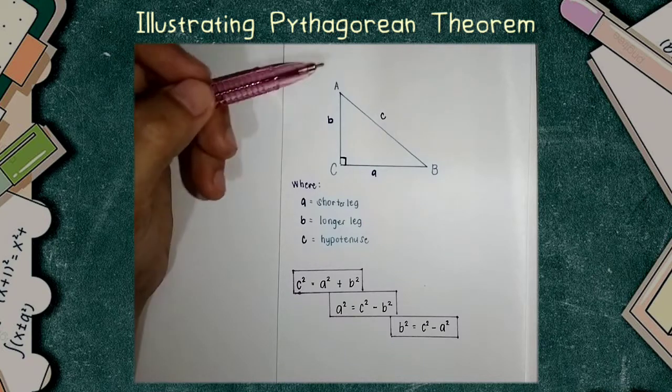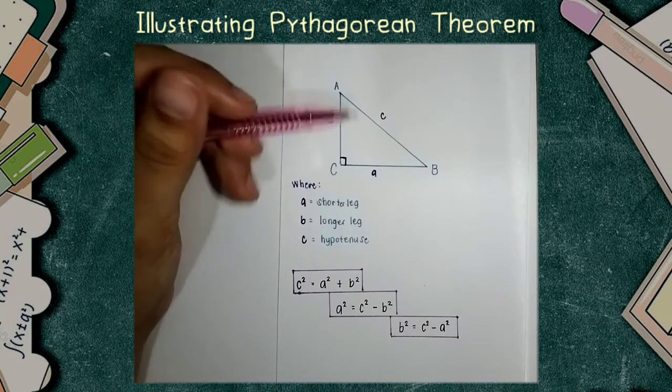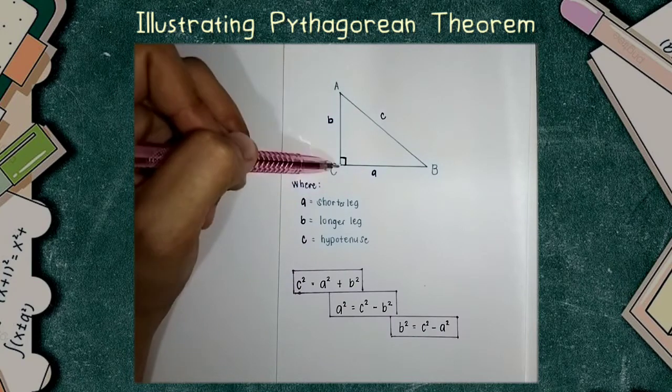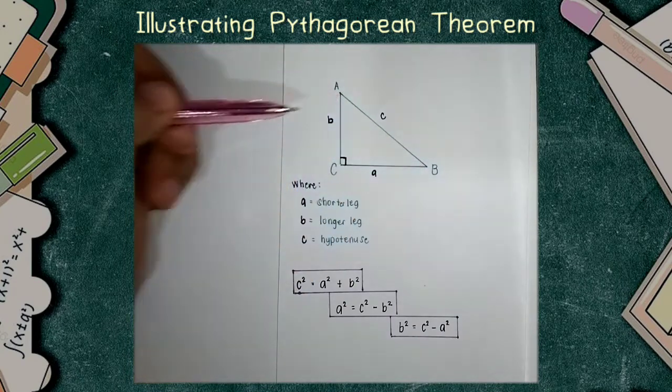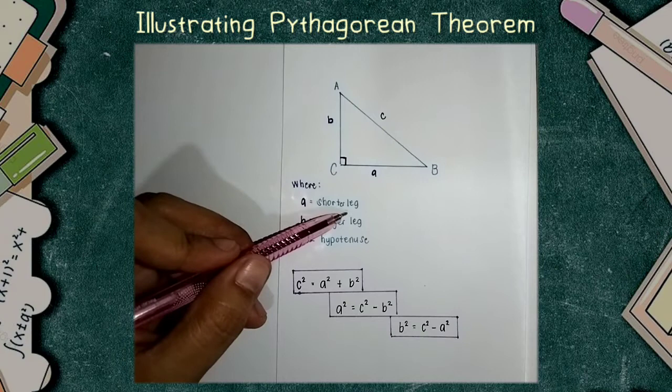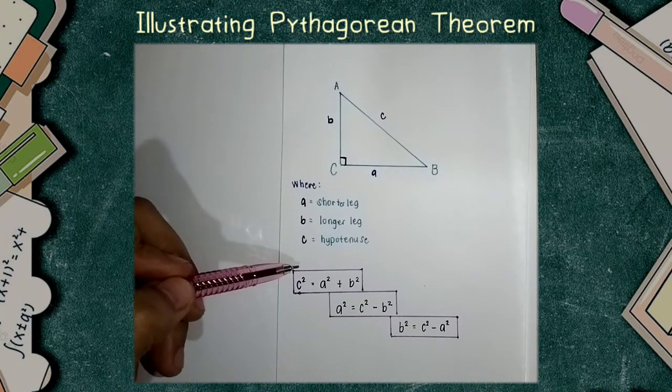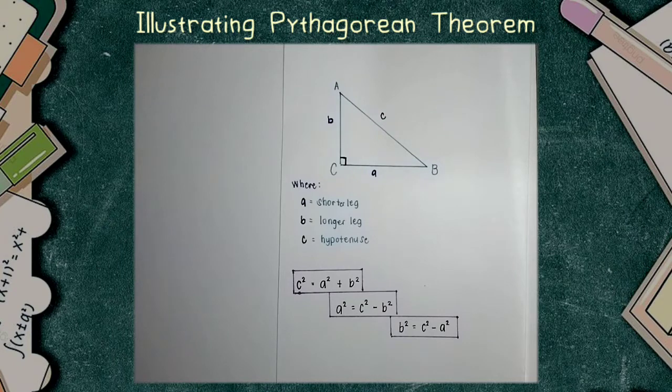Okay, so here, this is the length or side A, this is the side B, and side C, where A is the shorter leg, B is the longer leg, and C is the hypotenuse.